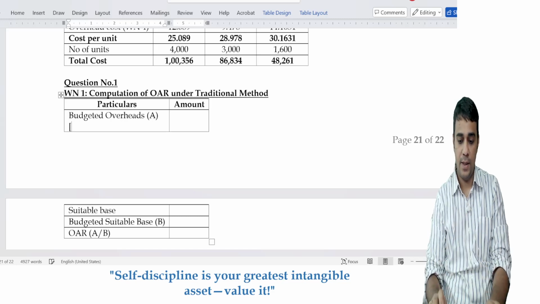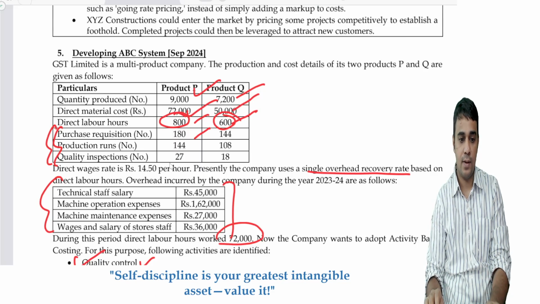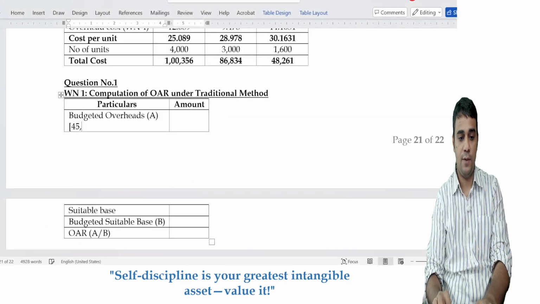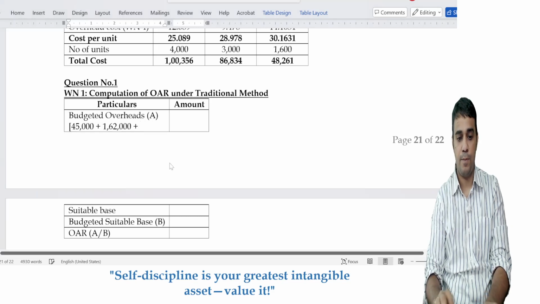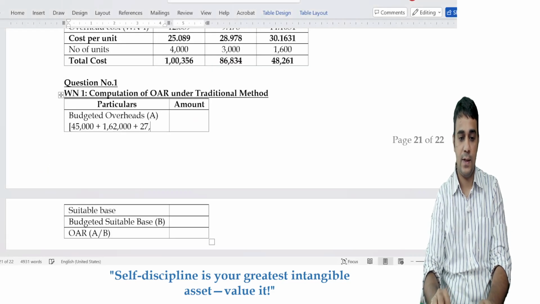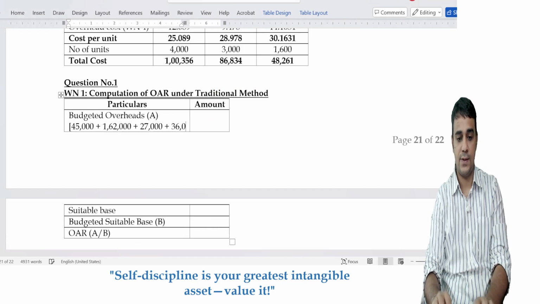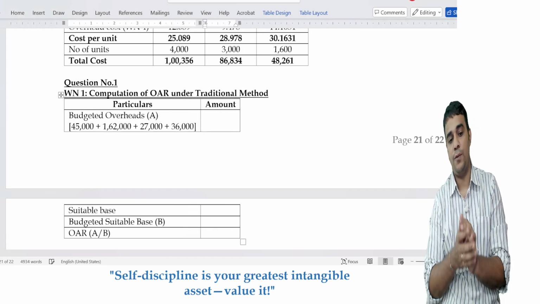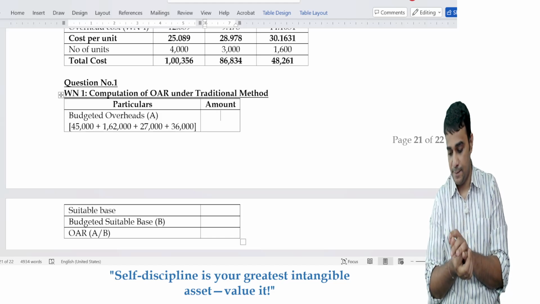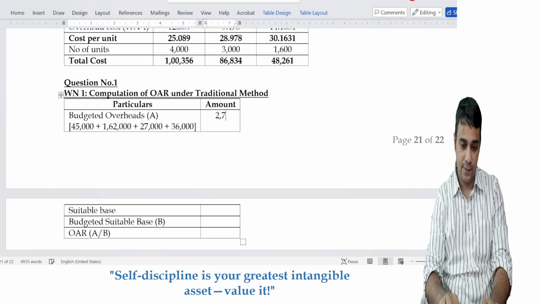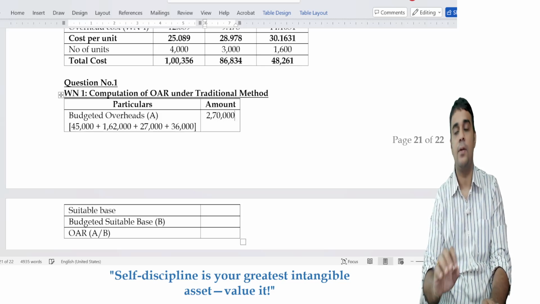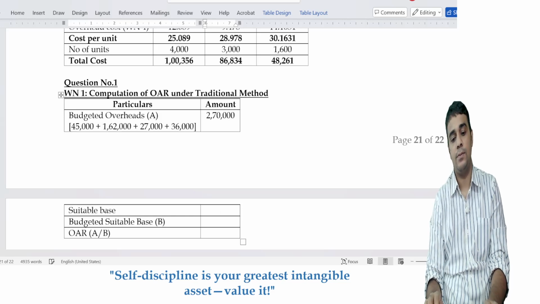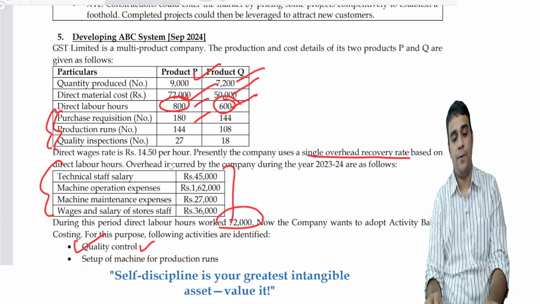Now budgeted overhead is the total of all four: 45,000 plus 162 plus 27 plus 36, which is 2,70,000.